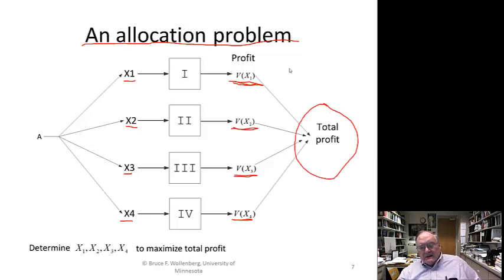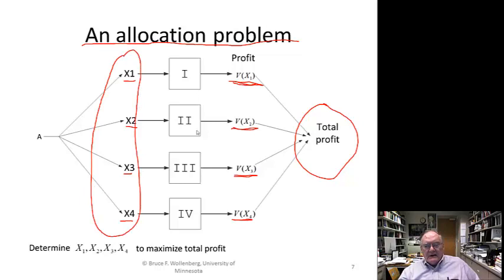Well, how do I allocate? Let's say I have a certain total that I can put in here. How do I break it up to get this maximum?